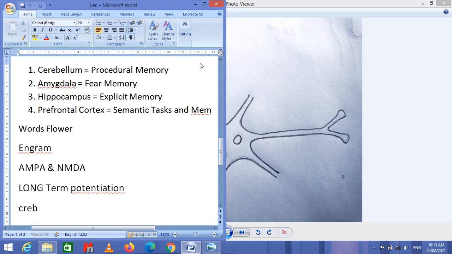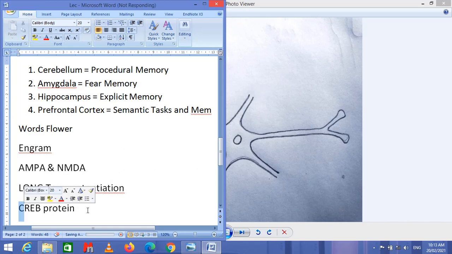So this cAMP response binding protein is a very important protein, because the cAMP will bind with this protein. The cAMP will bind with the CREB protein. So this is called cAMP response, R for response and B for binding.